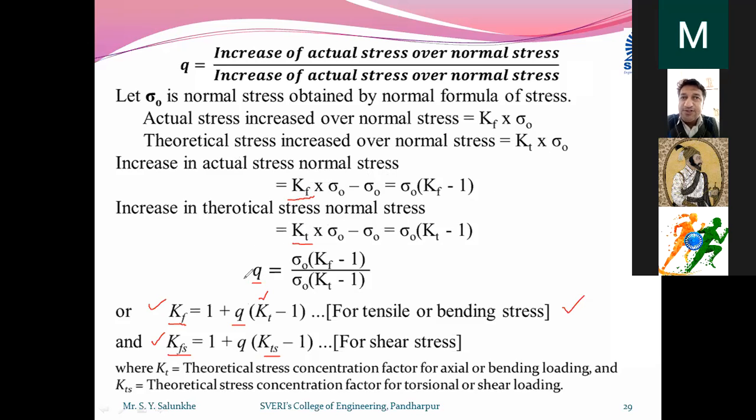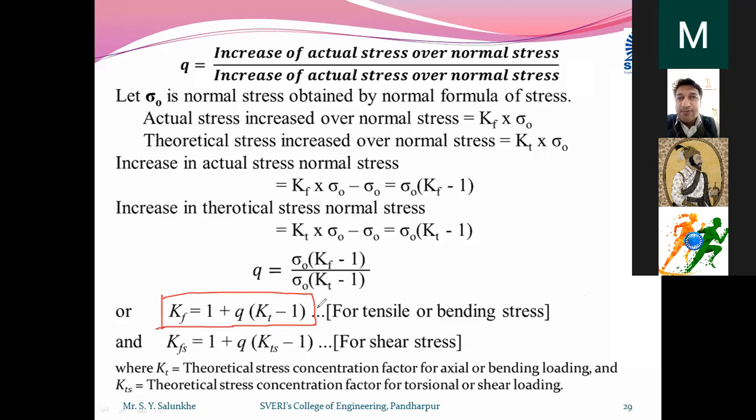Once you have calculated this notch sensitivity, it is not always necessary to go for calculating actual stress concentration factor, that means conducting that experiment on standard specimen. If you know the notch sensitivity factor, you can calculate actual stress concentration factor based on theoretical stress concentration factor. So this formula is used for that.